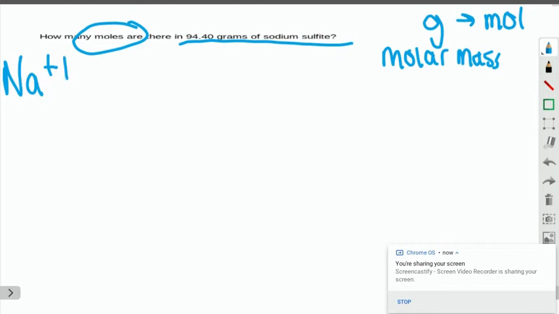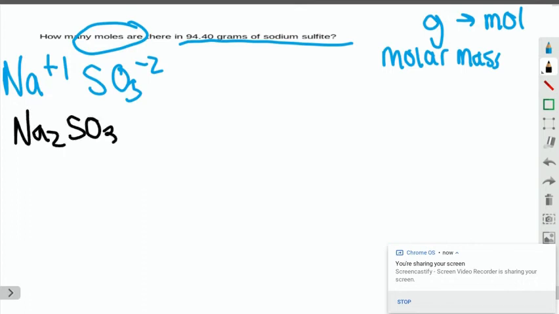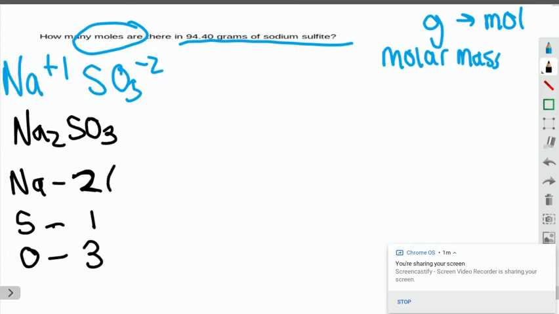In this example, again, you will have to figure out the formula. Na is a +1. Sulfite is SO3 minus 2. So you would have to do the crossover, giving you a formula of Na2SO3. So we're figuring out the molar mass of Na2SO3. You can get out your periodic table and find the total mass of each one of these elements.